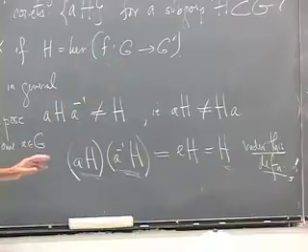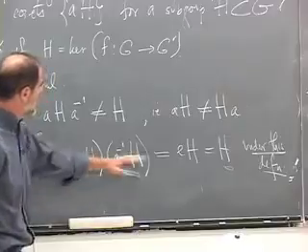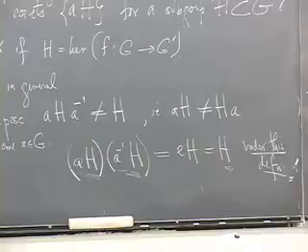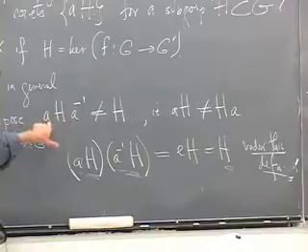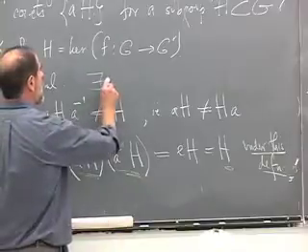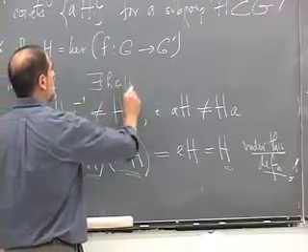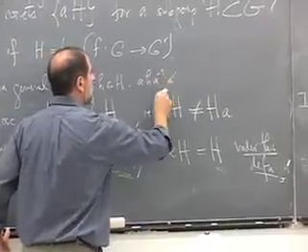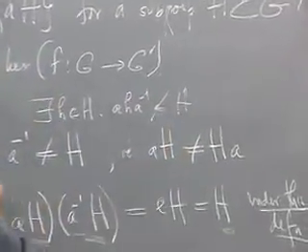Can someone give me a product of something in here times something in here which is not in H? Yeah, Emily. Okay, so this says that there exists an element h in H such that AhA inverse is not in H. Right? That's this statement here.